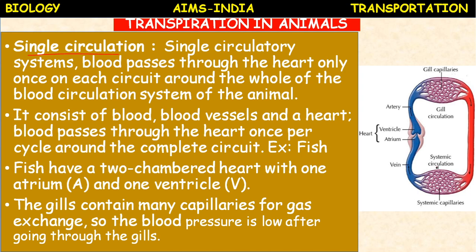Means systemic circulation and gill circulation in one path, only once the heart pumping the blood. So this type of circulation, where the circulation finishes in one circuit, is called single circuit circulation.